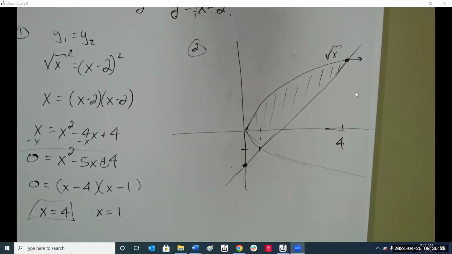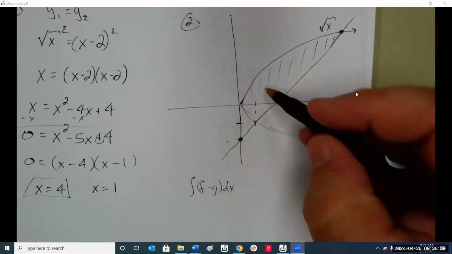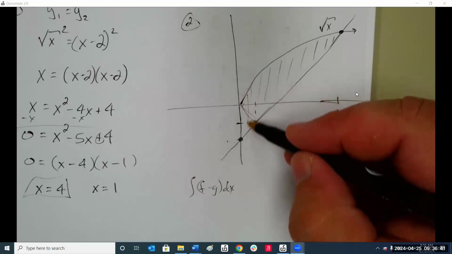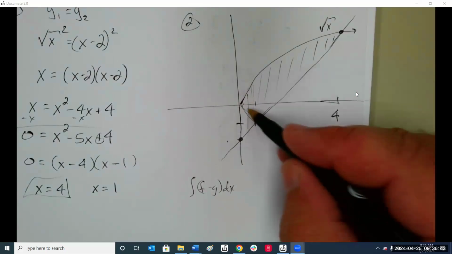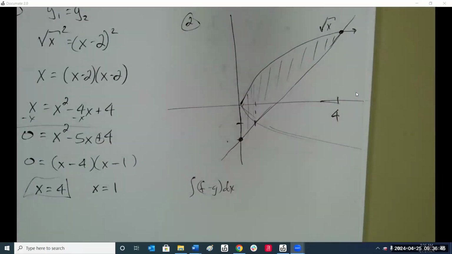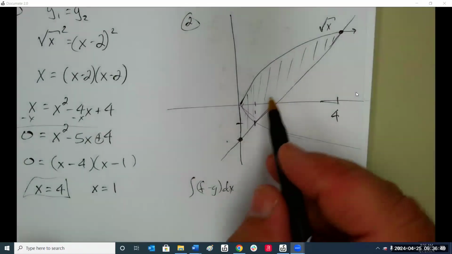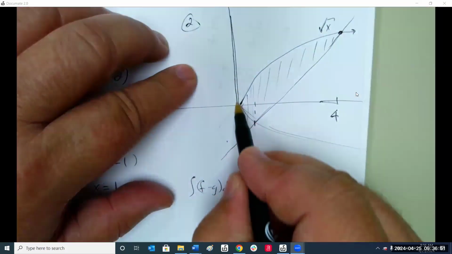So do you see a problem? Because if we just do the integral of f minus g, then we'll have this area down here also, which we don't want. We only want quadrant 1.